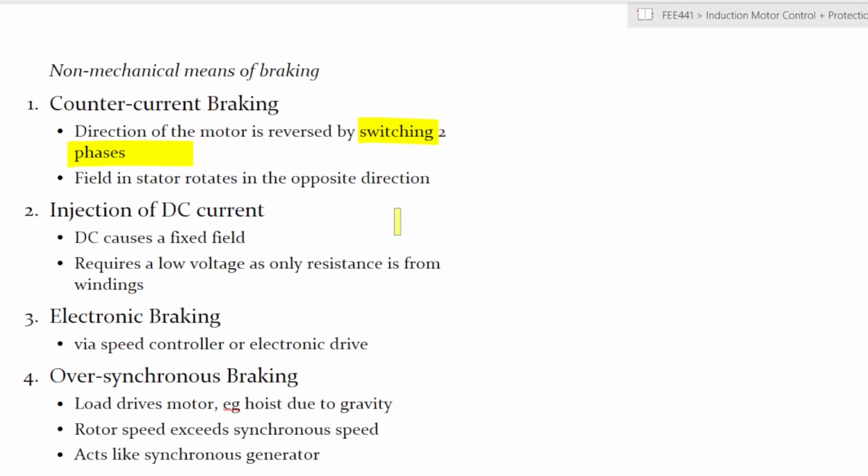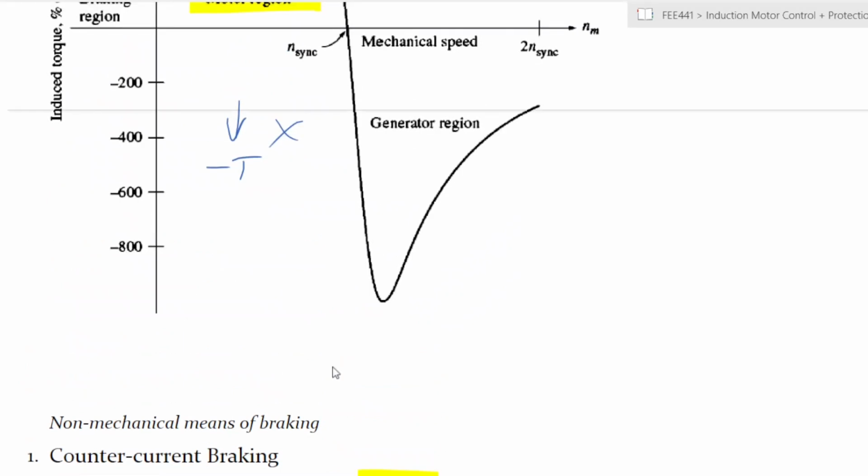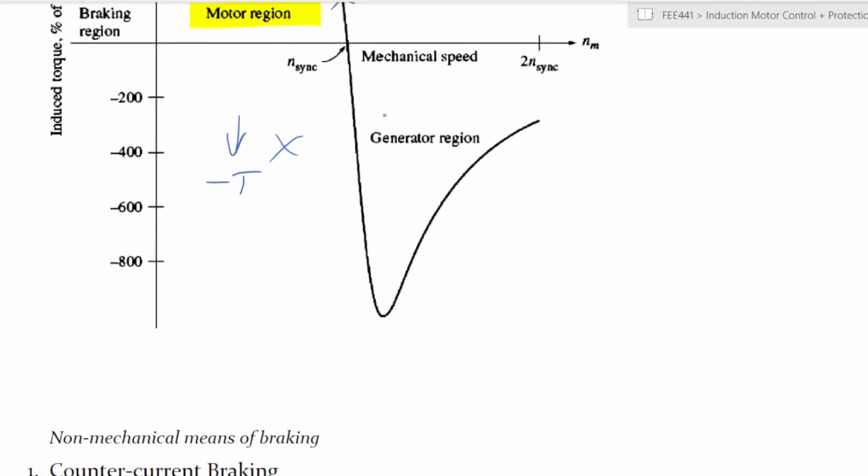Let's look at over-synchronous braking down here, first of all, before we look at the other two. Over-synchronous braking is driving the motor in the generator region.